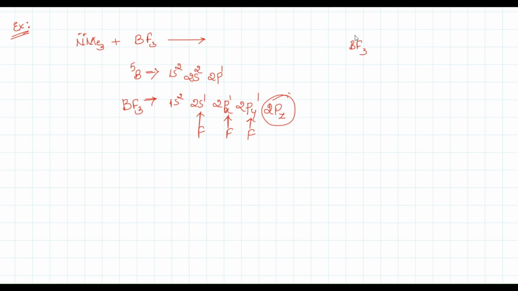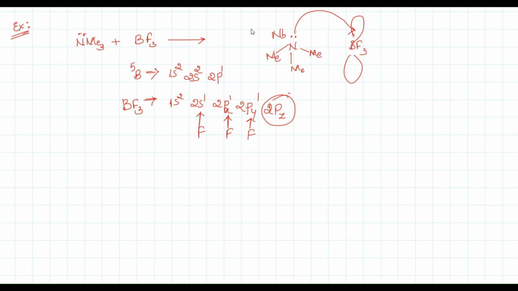BF3 has a vacant p orbital, and NMe3 has non-bonding electrons. NMe3, Me means methyl group. It may be like CH3; in the exam they will give it as CH3. How are the electrons moving from the non-bonding orbital of nitrogen to the vacant p orbital of BF3, right?